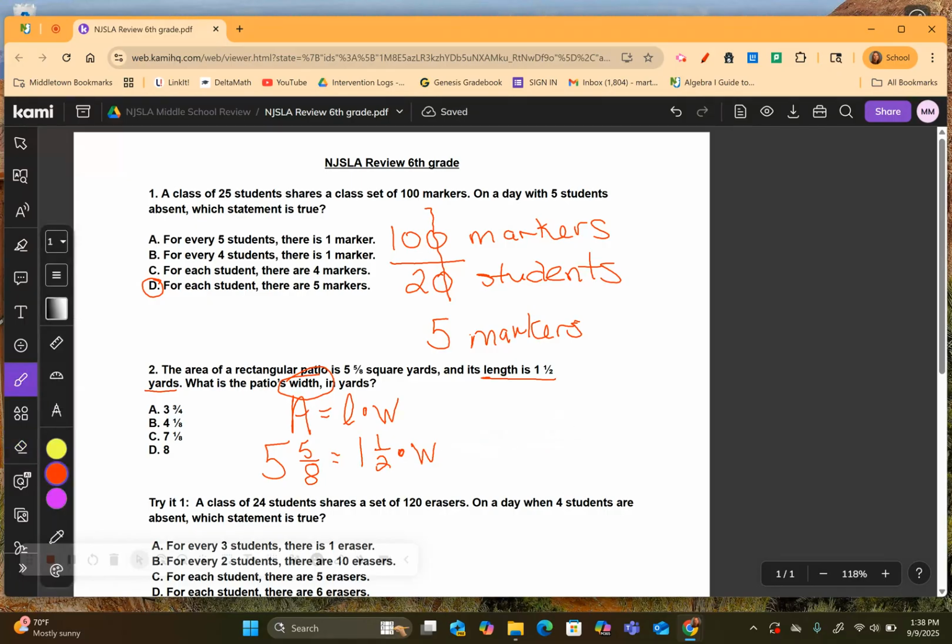Now these are called mixed numbers. It's called a mixed number because you have a whole number and a fraction. When you have mixed numbers and you are required to divide or multiply them, you want to convert them to an improper fraction.